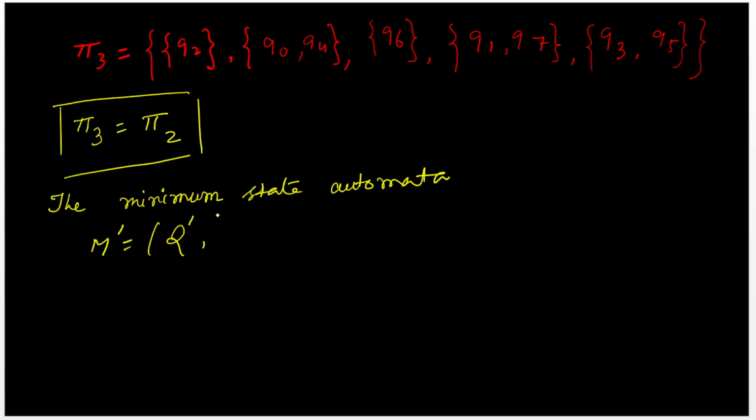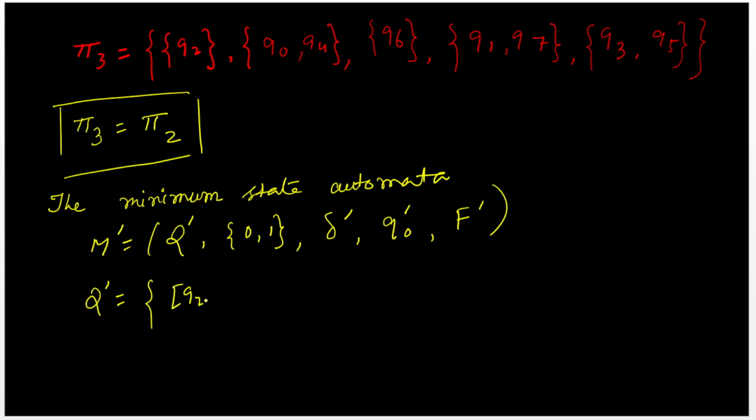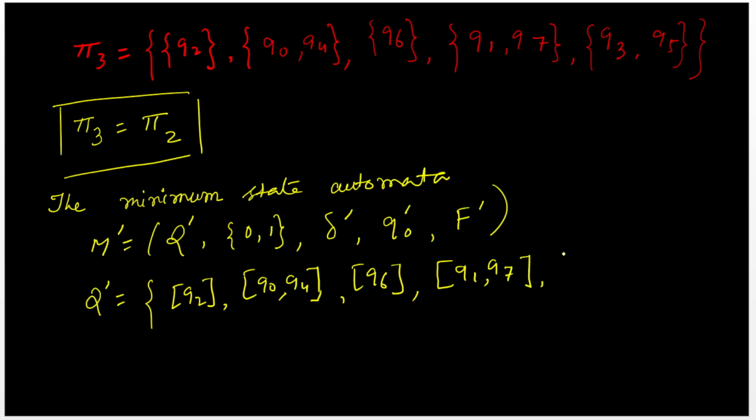That means after minimization the number of states actually reduces, and the input symbol is 0 or 1, and the delta transition function will be changed, the initial state also will be changed, and the final states also will be changed, where this Q dash set of states are basically, look, Q2, then Q0 and Q4, then Q6, then Q1 and Q7, and then Q3 and Q5.